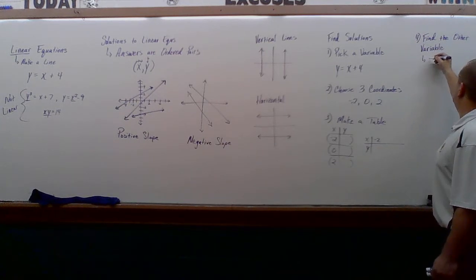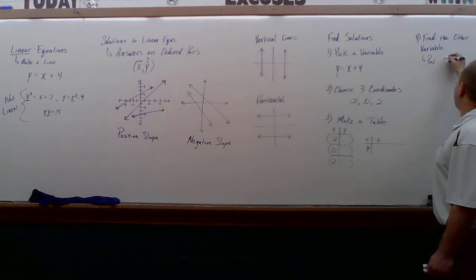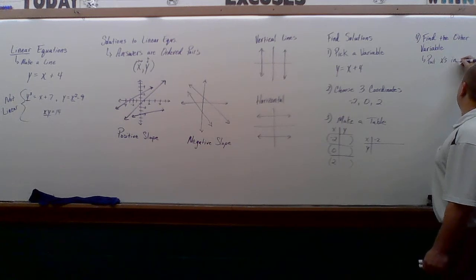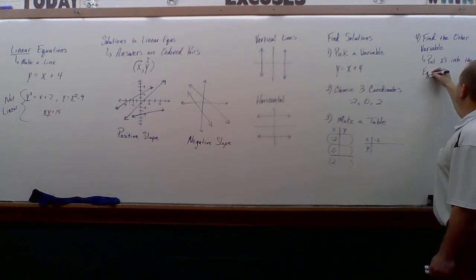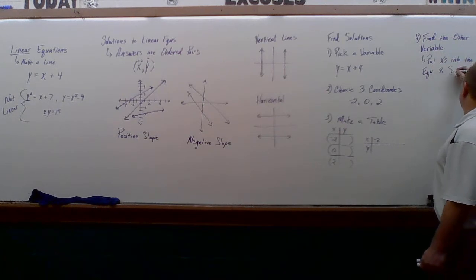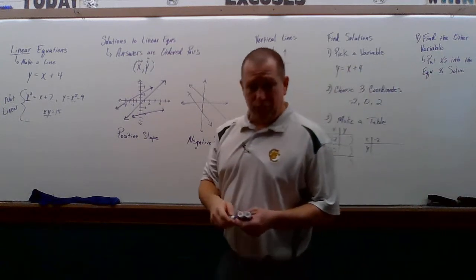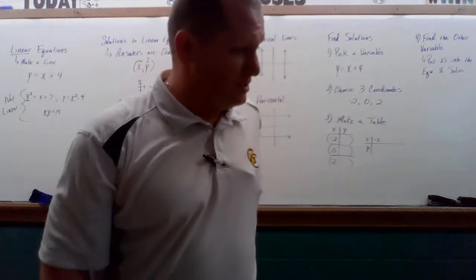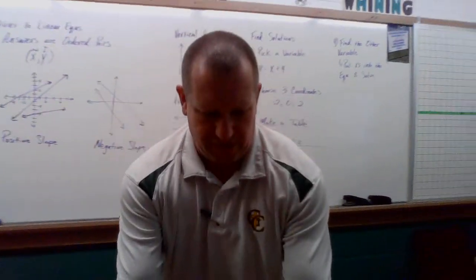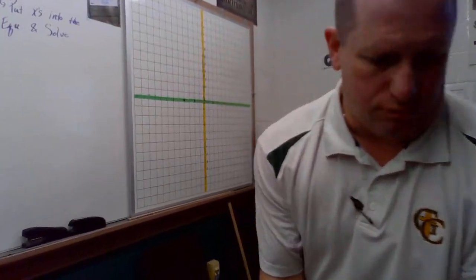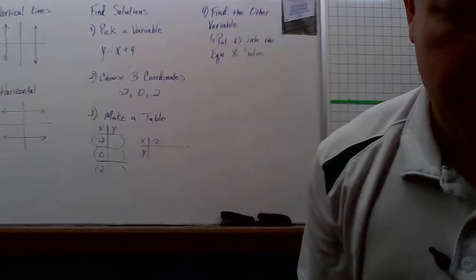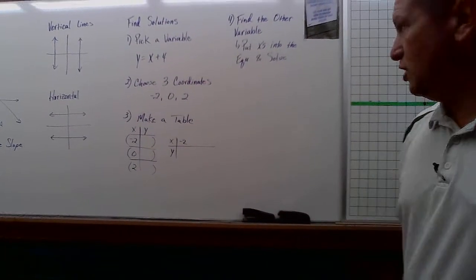I'm going to put, in my case, the x's into the equation and solve. So this is why we had to go through all the lessons of learning how to solve an equation, because we're basically going to use that knowledge now to draw or find graphs that we can draw.